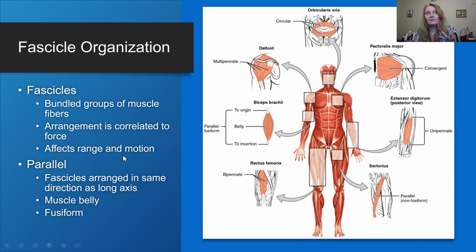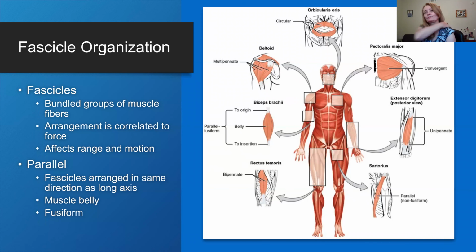That means if you want to have force in one direction, or you want force in several directions, like maybe if you flex your elbow, you want just one range of motion.